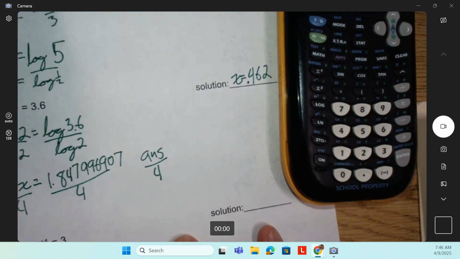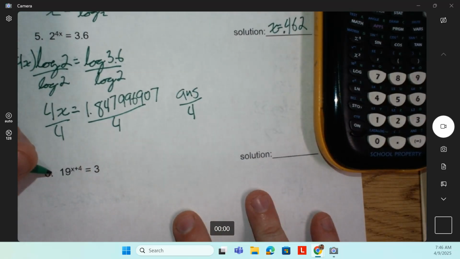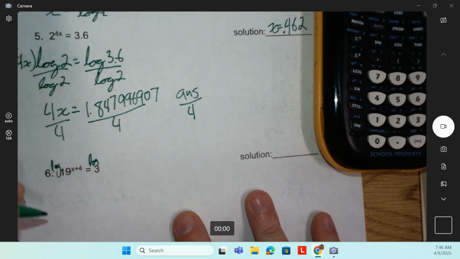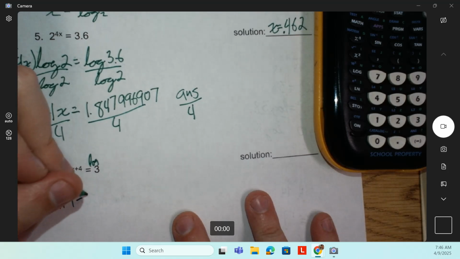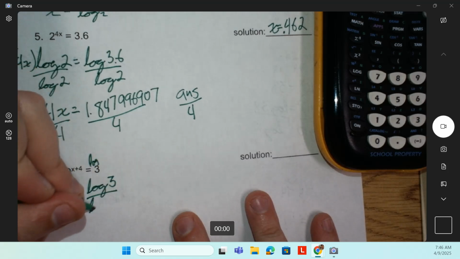And the last one, doing a similar process. So doing the log of both should give me x plus 4 equaling the log of 3 divided by log of 19.